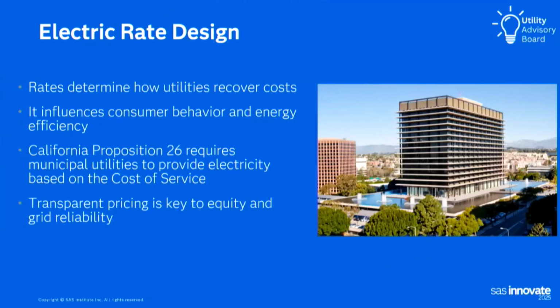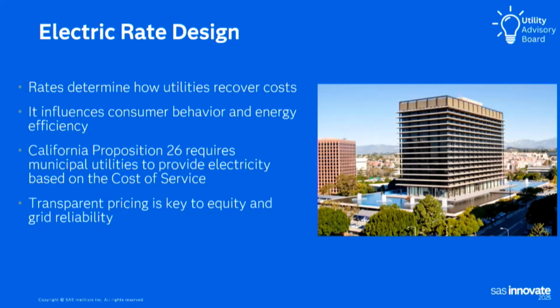So electric rate design is at the core of how utilities recover their costs. It's more than just setting prices. The way rates are structured directly influences consumer behavior. It shapes energy usage patterns and ultimately impacts how efficiently the grid operates.